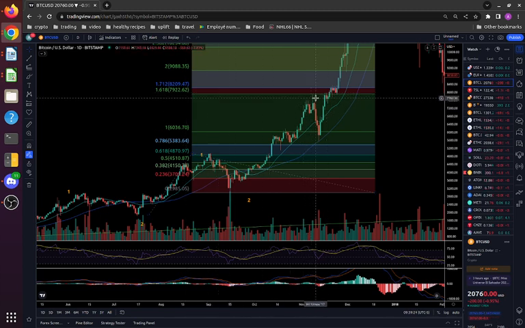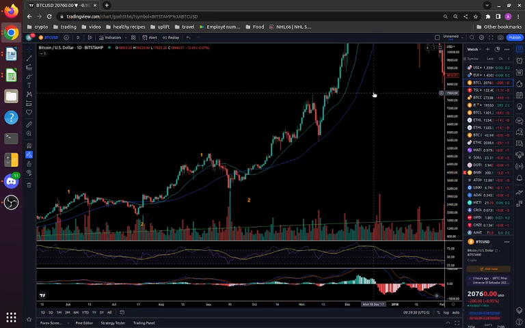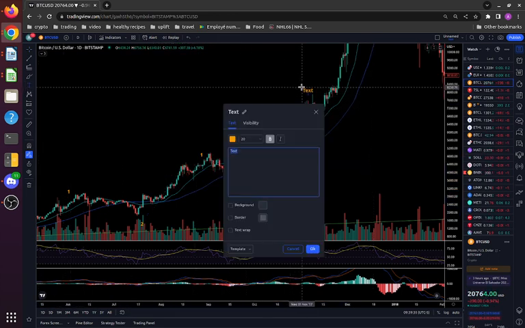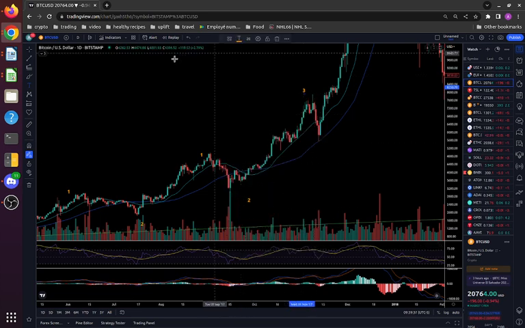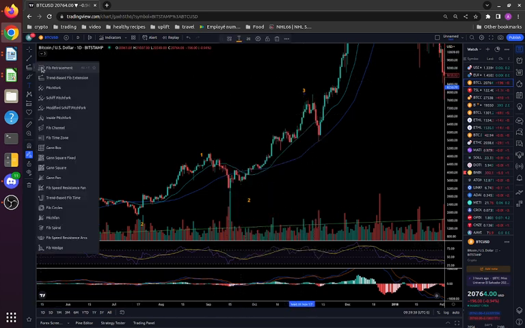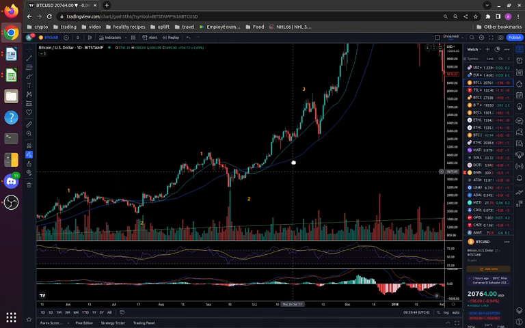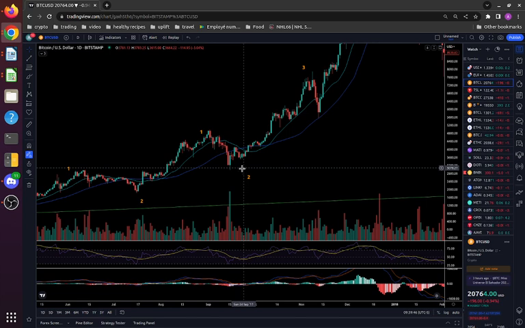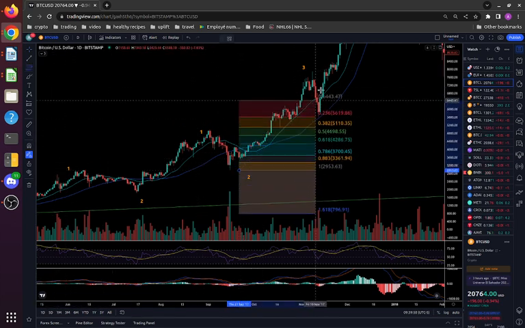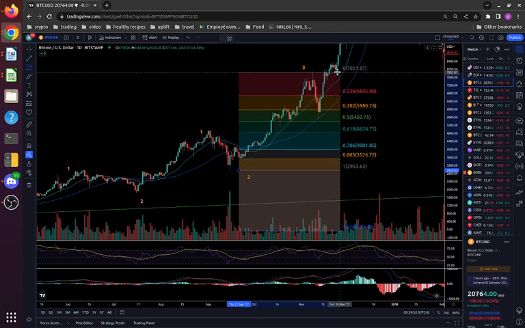Okay, so let's see now this movement. Let me label them now, because otherwise we are going to get lost a little bit. Now we do the Fibonacci retracement from the beginning of wave 3 to the end of wave 3.